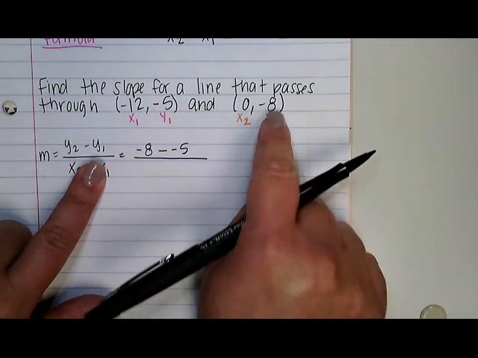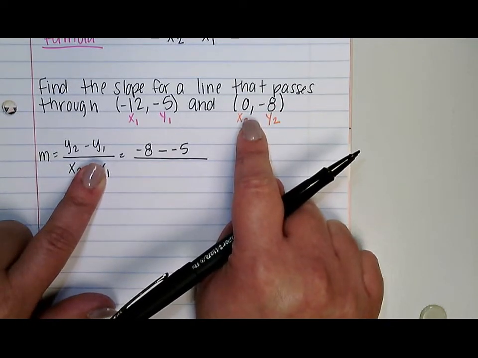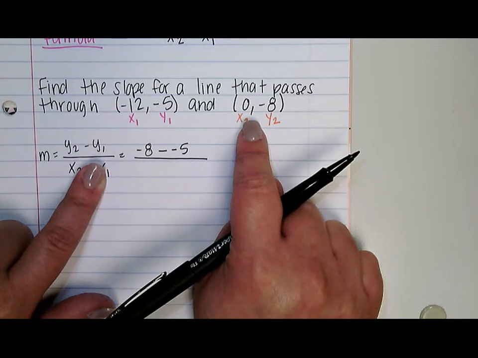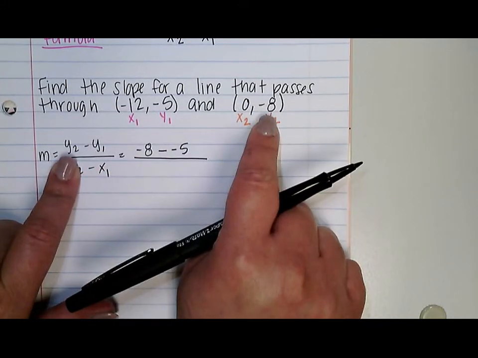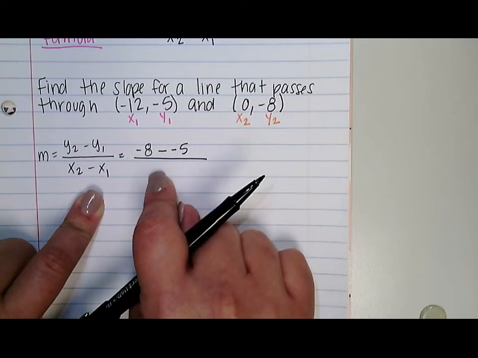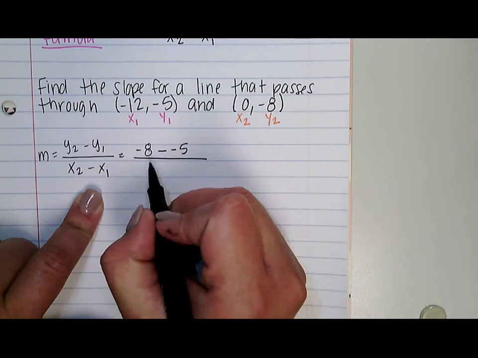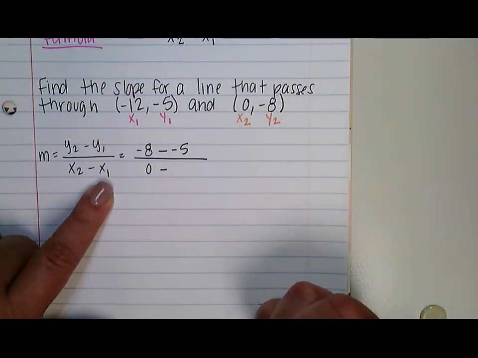Sometimes I have that habit where I write this one and then the x2. That's why I go back and forth: okay, y2, y1. And on the bottom, we're going to have 0 minus negative 12.